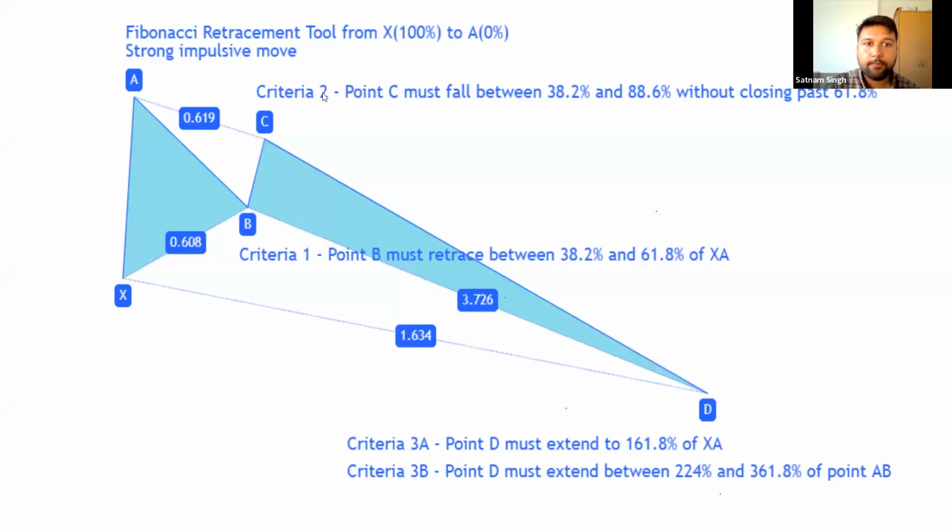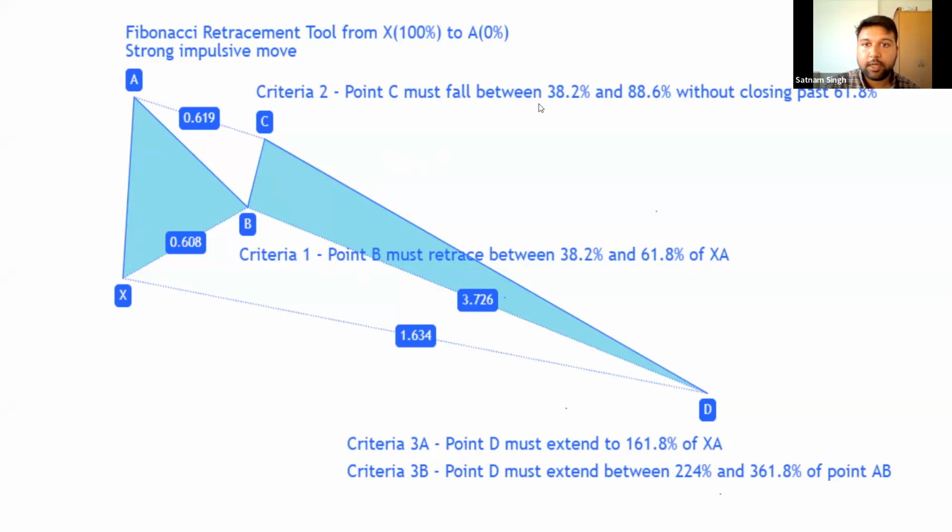We're waiting for criteria 1: point B must retrace between 38.2% and 61.8% of XA, of that Fibonacci retracement tool. Once we have point B, we delete the Fibonacci, and then we're looking for point C.